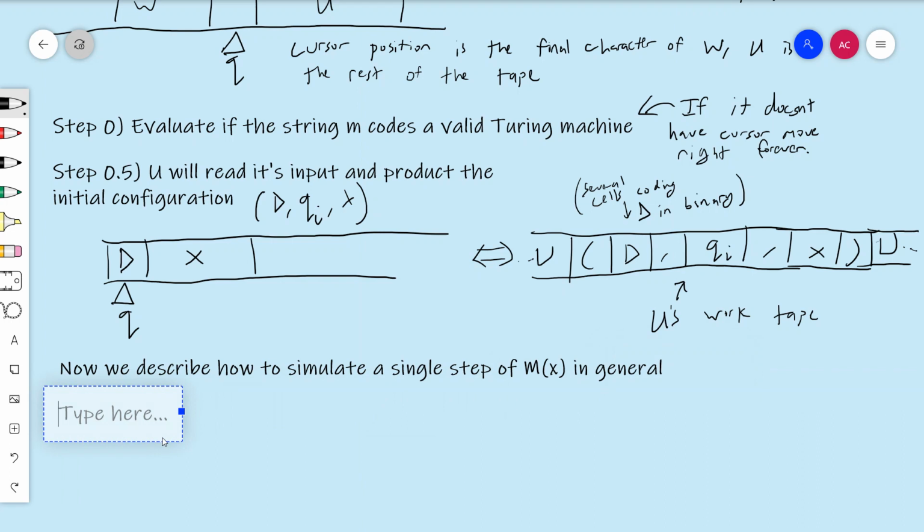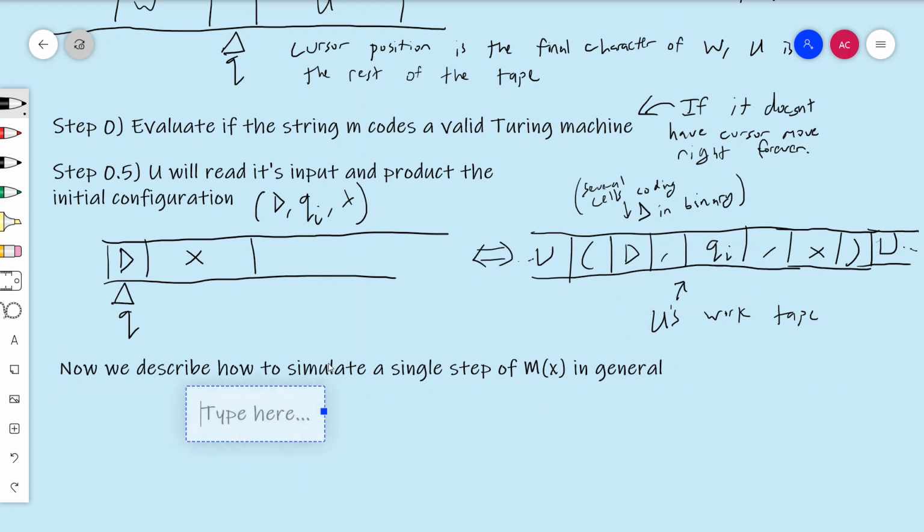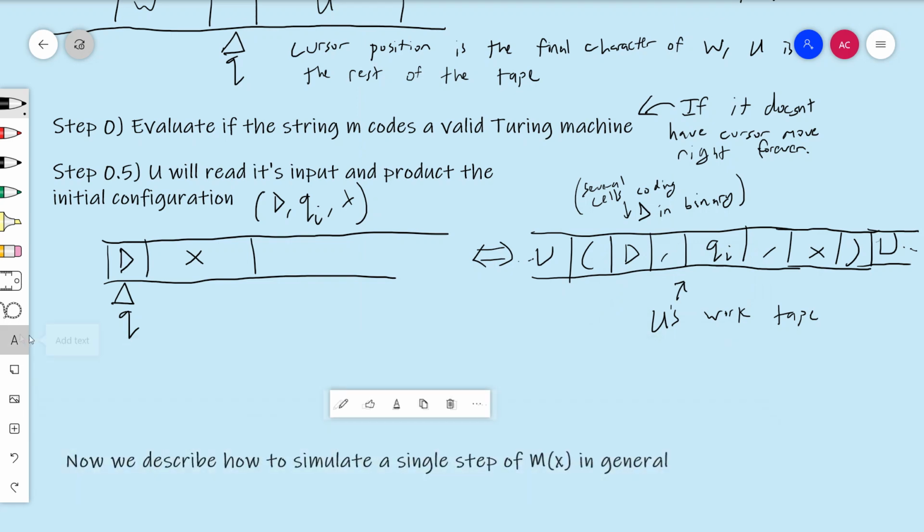Well, okay. So what we're going to do is, maybe I should also say this before I start to describe the simulation. One more tiny piece of housekeeping before starting.